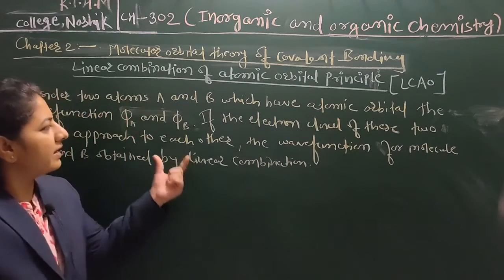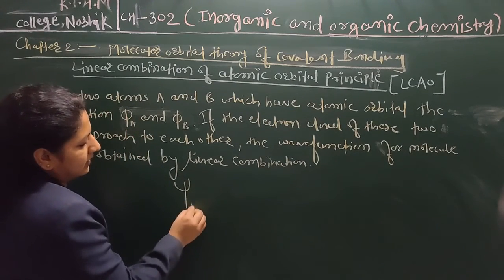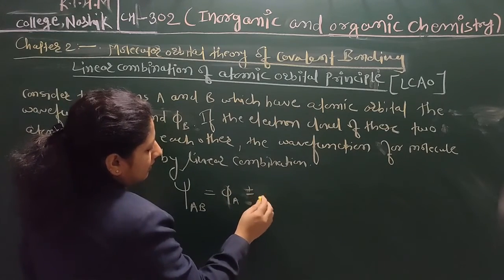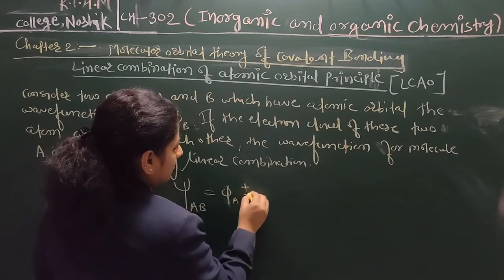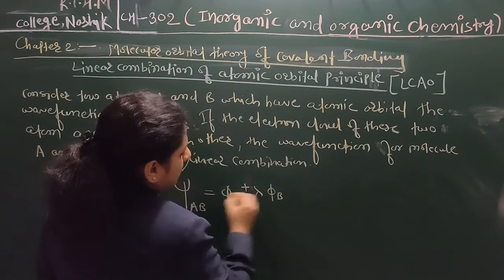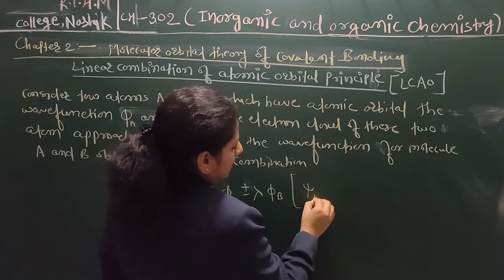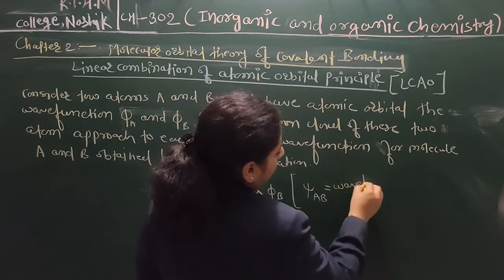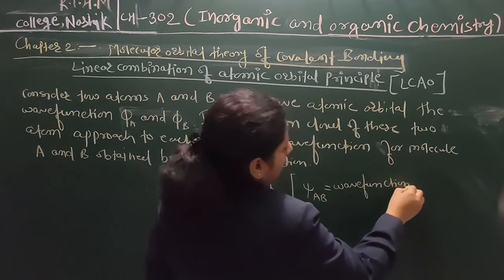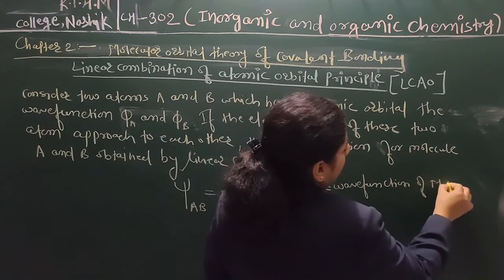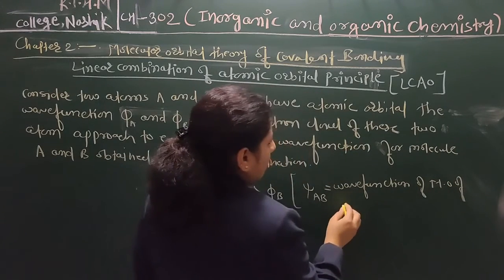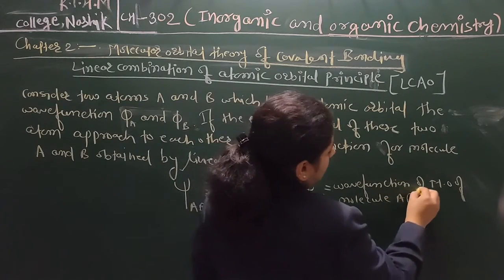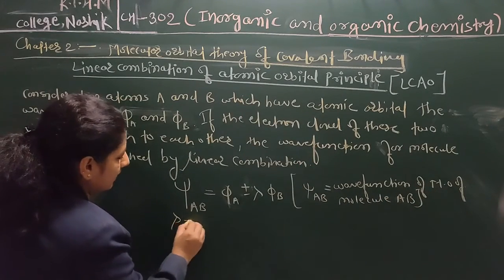Here we can write psi AB equals phi A plus lambda phi B. Psi AB is the wave function of the molecular orbital of molecule AB.